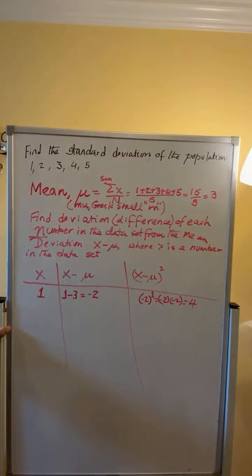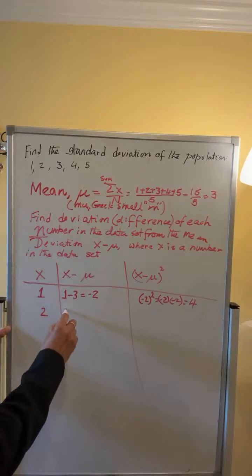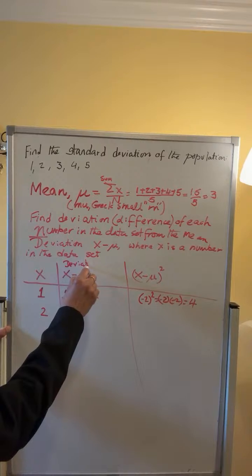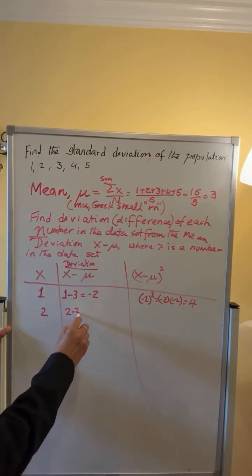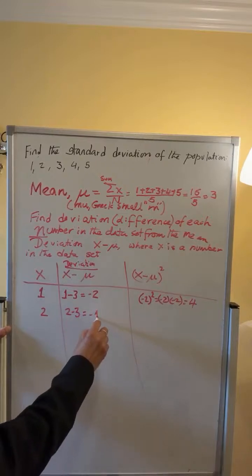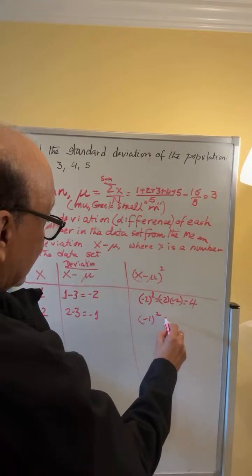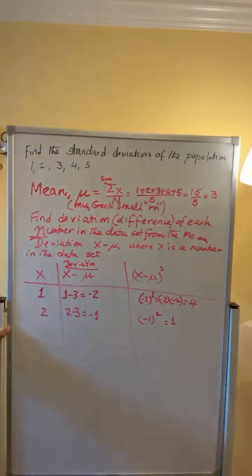Okay. Next number is 2 and its deviation from the mean. So this is the deviation. x minus mu is 2 minus 3, which is minus 1. Then we will square. Minus 1 squared is minus 1 times minus 1, which is positive 1, because 2 minuses make it positive.